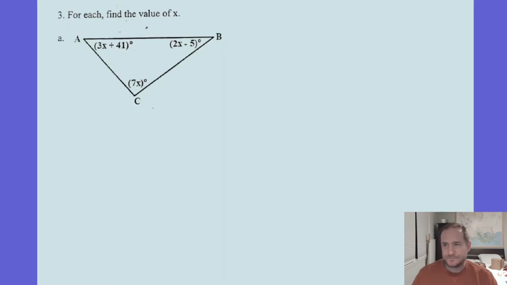Moving on. So here's 3. For this problem, we talked about how in any triangle you ever see, the 3 angles of the triangle all will add up to 180. That will always be true. So this time, you'll take the 3x plus 41. You'll take the 2x minus 5. And you'll take the 7x.